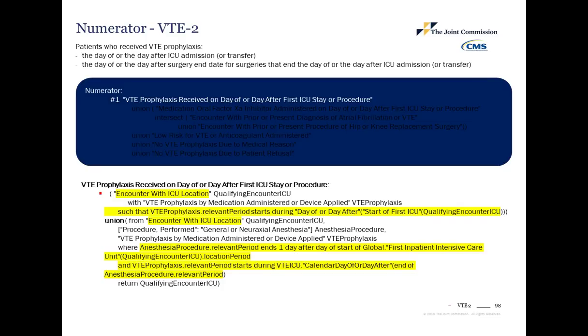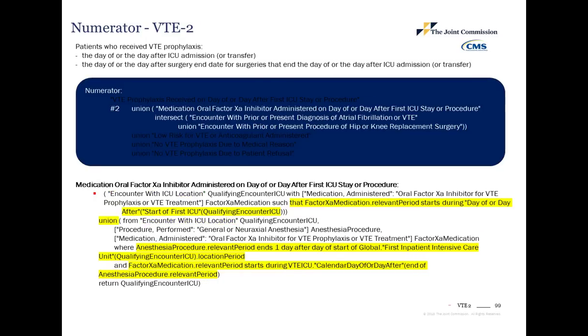The second condition is looking for VTE prophylaxis to start during the day of or the day after the end of the procedure, and that the procedure ends 1 calendar day after the start of the first ICU. And you'll notice that we use the day of or day after function and the calendar day of or day after function, which also has the same meaning.